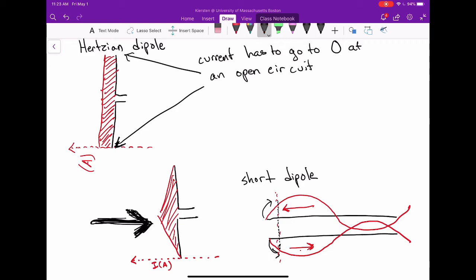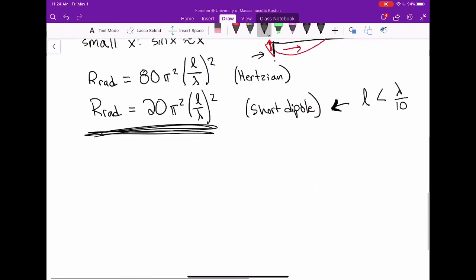And if you remember what I said about the far field radiation pattern being a Fourier transform, that means that the total area under this current distribution determines the amount of power that is going to be able to be radiated by your antenna. So if you want to radiate more power, you need a current distribution with more area under it. And that's how we get to the half wavelength dipole.